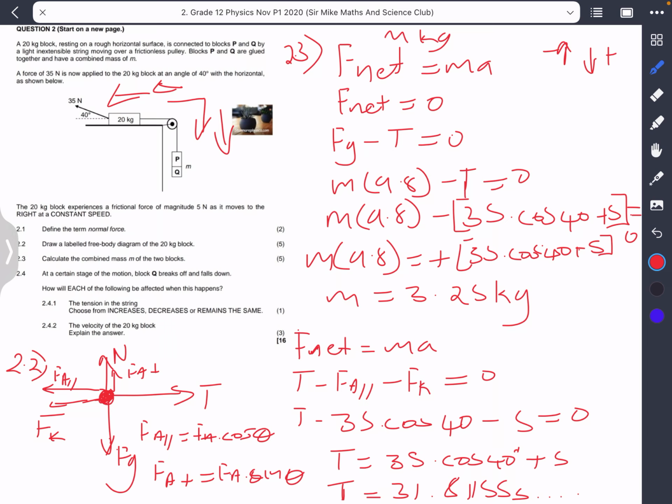The force acting on that block in that direction would increase, so in some sort we would be pulling that block upwards, and it would slow down. As a result, the velocity would start to decrease. So that would be the answer for 2.4.2.